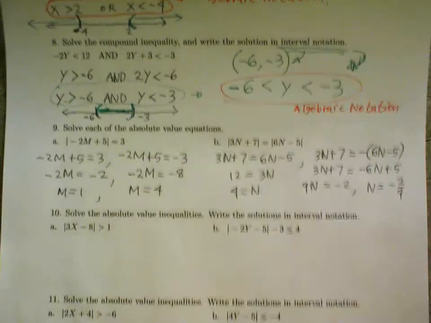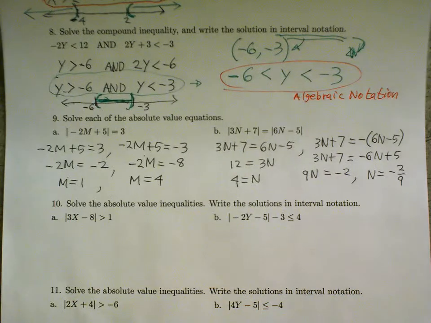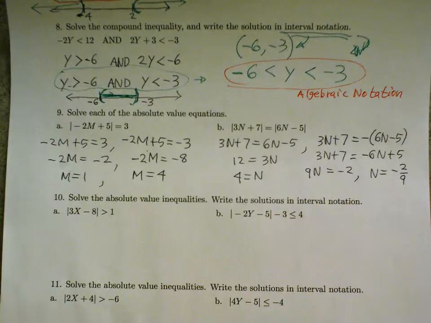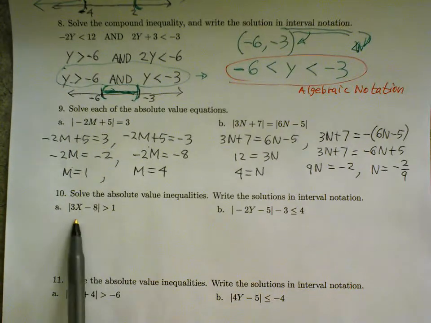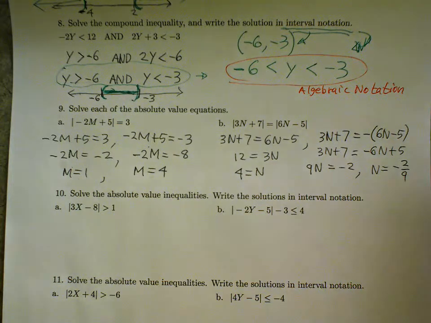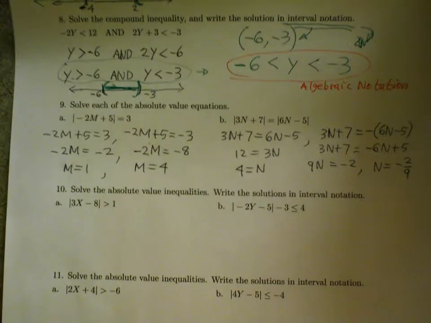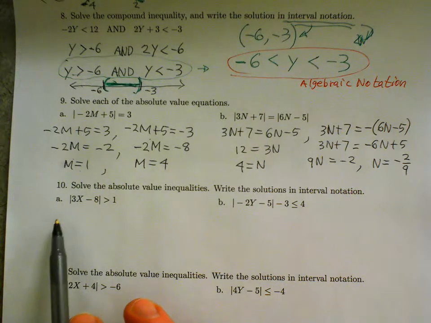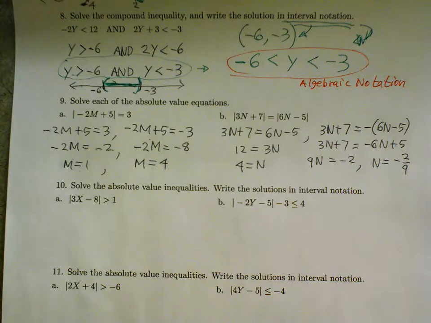And number 10, solve the absolute value inequalities. Write the solutions in interval notation. Okay, the one on the left, the absolute value of 3x minus 8 is greater than 1. So we want to write two inequalities without absolute values.